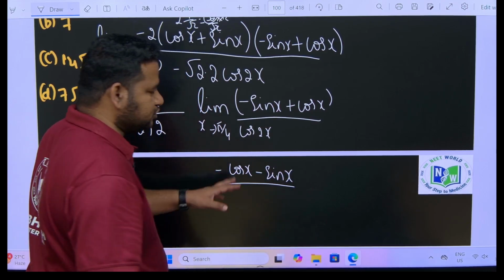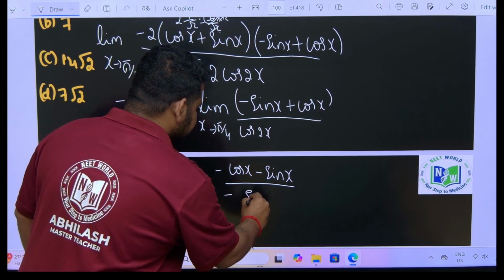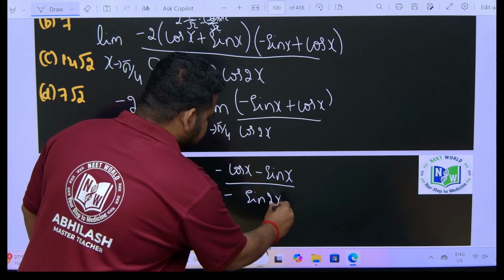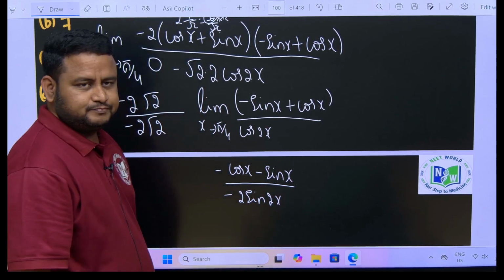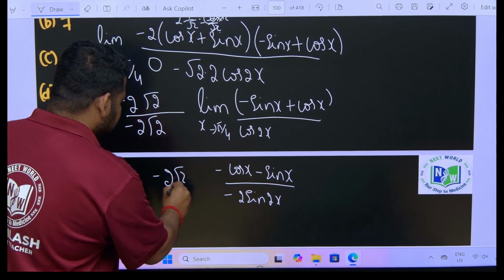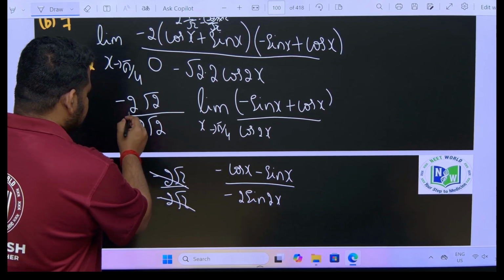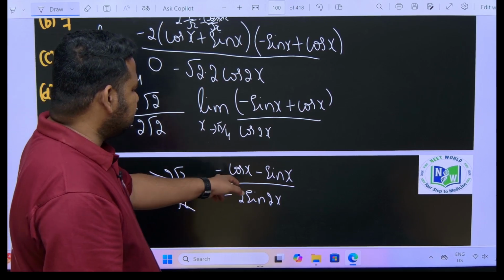Now cos 2x, derivative of cos is minus sin, so minus sin 2x, but this 2 is there, I'll write 2 outside. Along with that we have to carry this also, minus 2 root 2 by minus 2 root 2. Actually it is the same, I can cancel. Now what is the value of this?